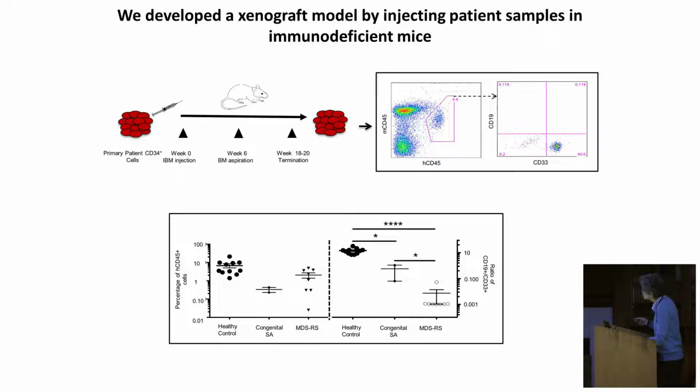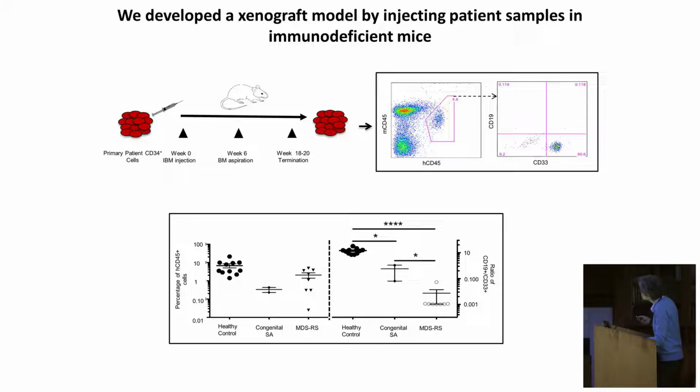So when you look at the MDS RAS populations, even though indeed it's much lower than the normal bone marrow CD34 positive, it's not such a big difference. What is much different is the proportion of the multi-lineage engraftment.